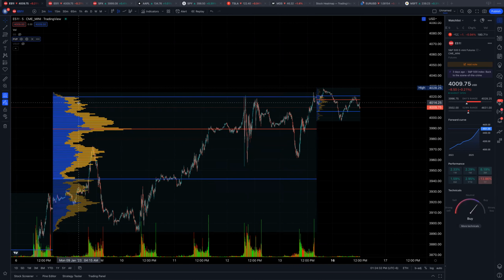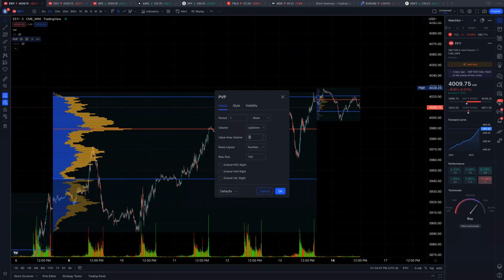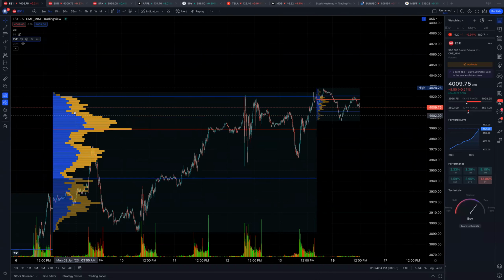You can see how instead of having more of a smoother line, it gets a little bit more bumpy. And if you don't like that, you can bring it all the way to 70, and it'll give you, I don't know, 15 bars at most.